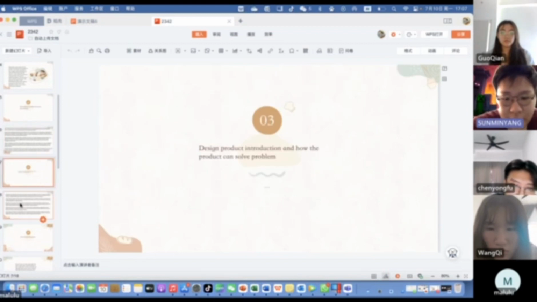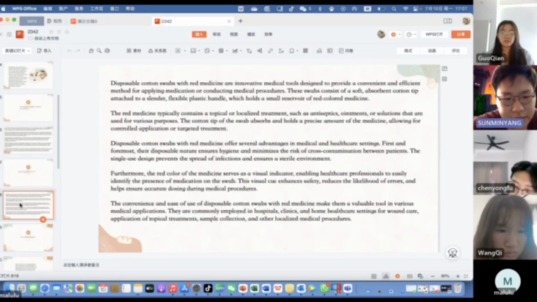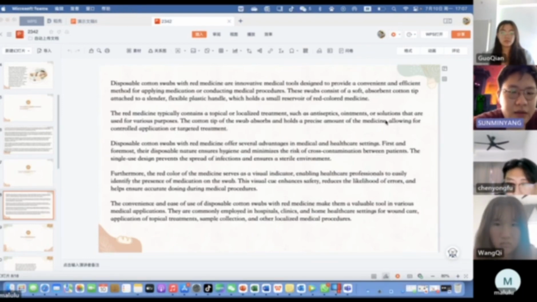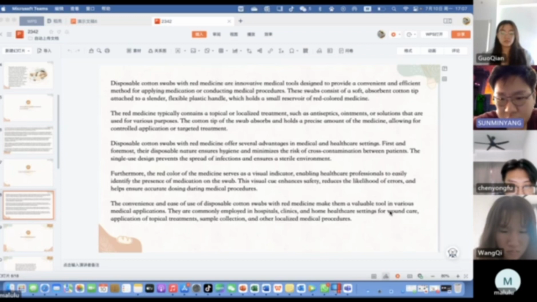Our third part is the design, product introduction, and how the product can solve the problems. Disposable cotton swabs with red medicine are innovative medical tools designed to provide convenient and efficient methods for applying medications or conducting medical procedures.